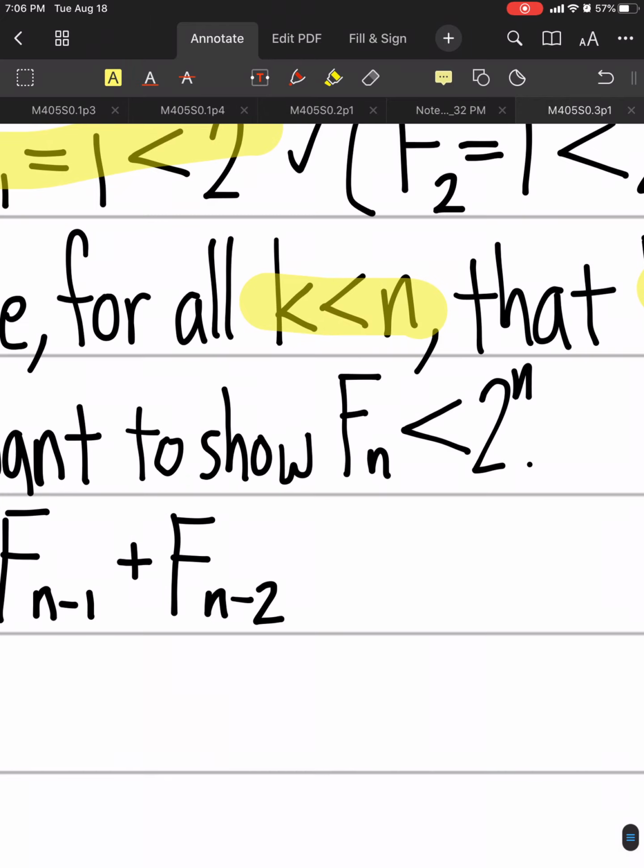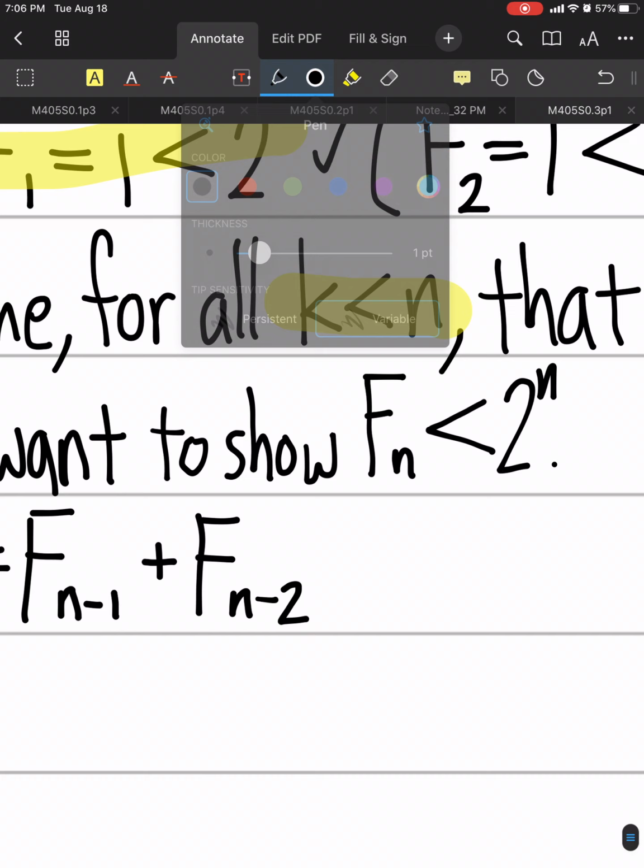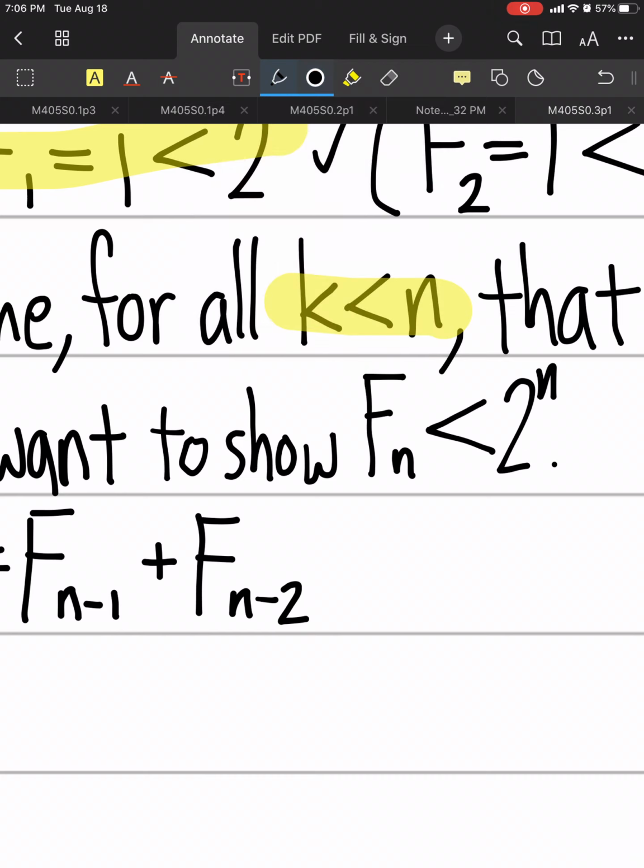And what I have to do now, each of these are less than n, right? This n minus 1 and this n minus 2 are both less than n. So what that tells us is our induction hypothesis holds.